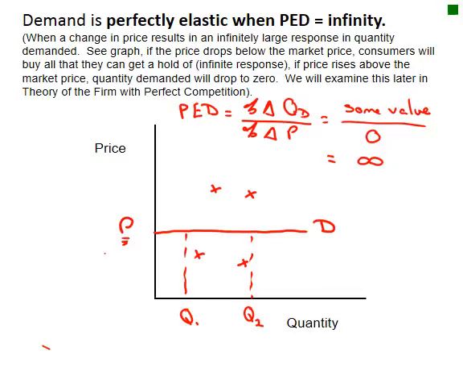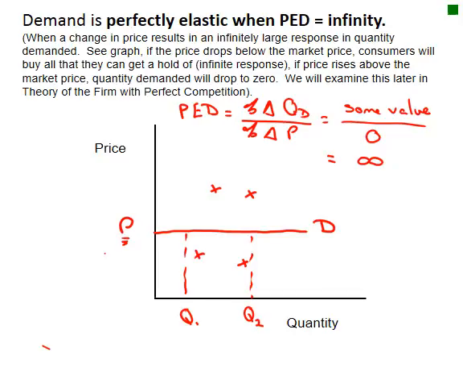But let's look again at the formula. PED equals percentage change in quantity demanded over percentage change in price. Now if we were to go from one quantity to another quantity, we could find that value. So the percentage change in quantity demanded is some value. But we're seeing that the price is not going to change at all, so it has to be over zero.